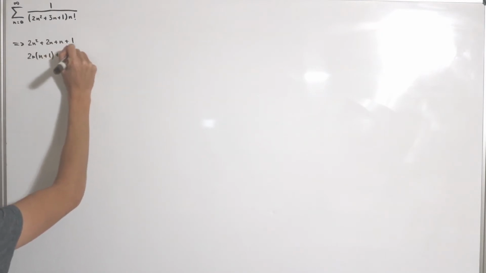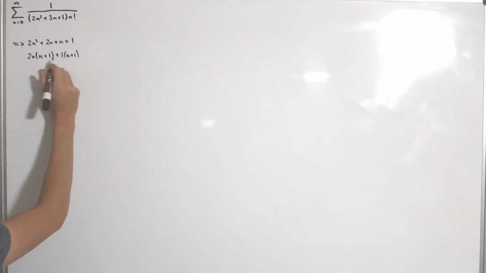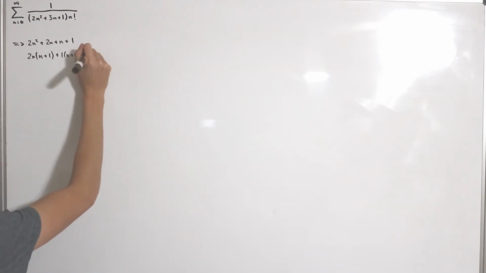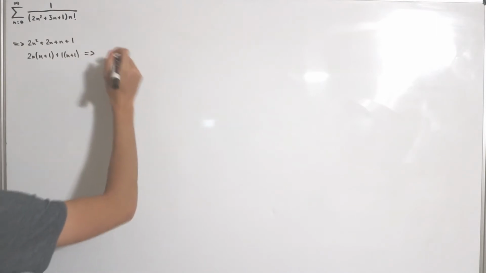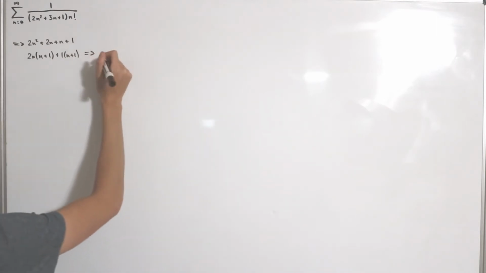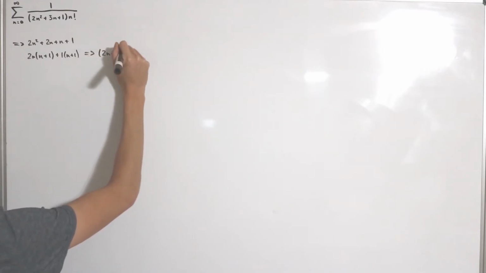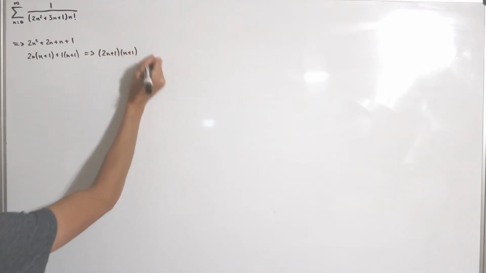Then we can unfoil this, so we get binomial factors of (2n plus 1) multiplied by (n plus 1).